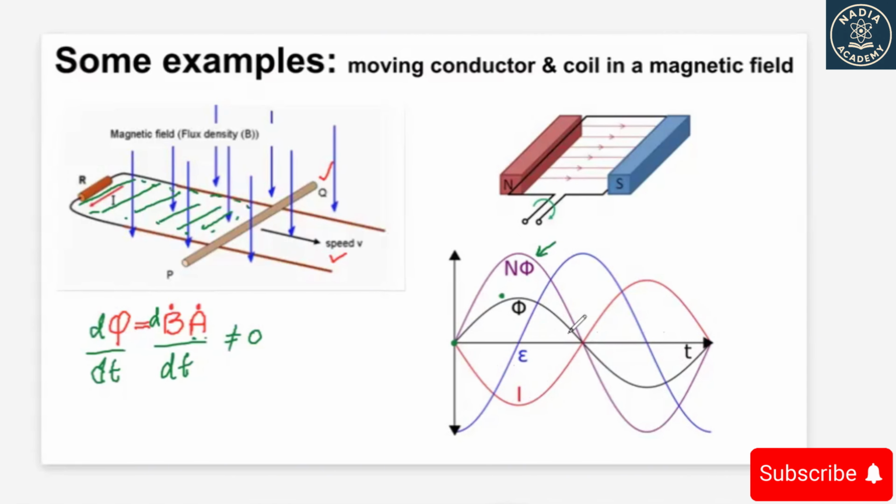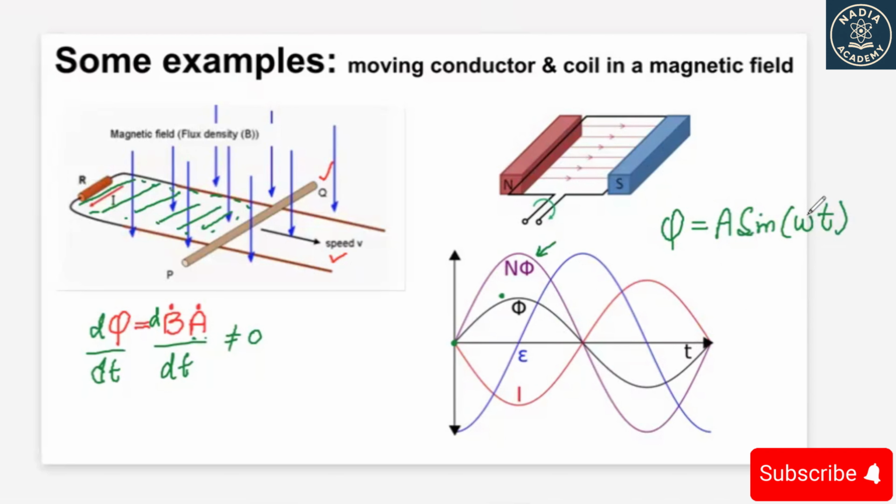Why this is like this, let's try to understand it in a careful way. This is very important, so we should have a look once again. The curve of the flux is sinusoidal, so we can say it has some amplitude A times sin ωt. Here t is time along the x-axis, and ω is the angular frequency because it is rotating.